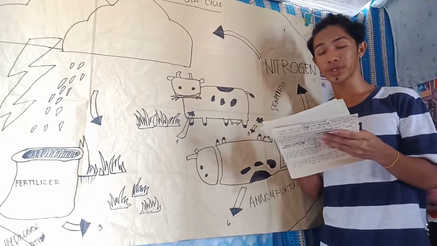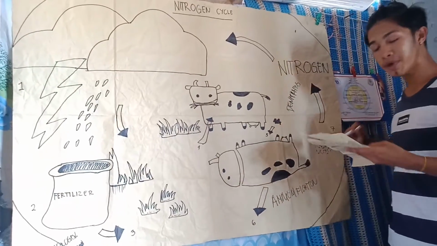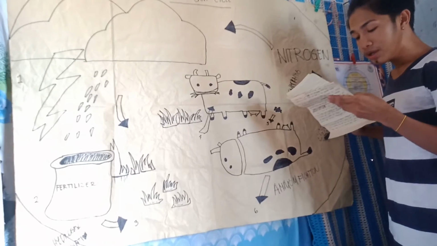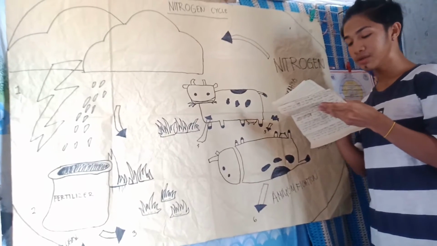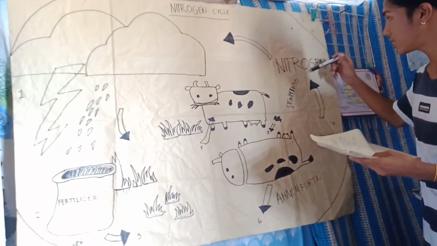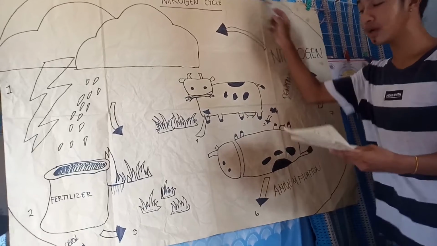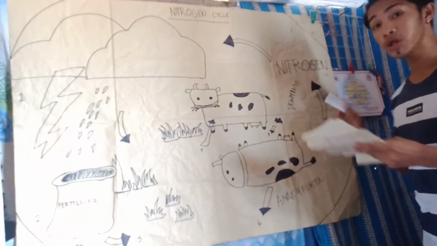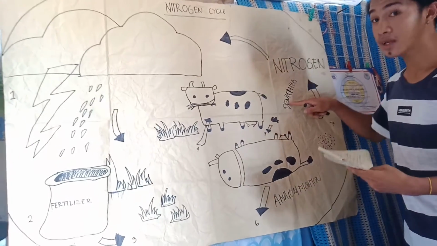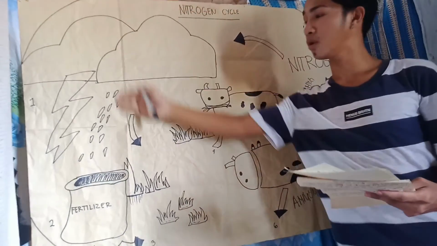Nitrogen compounds in the soil can be broken down by bacteria and sent into the air as nitrogen gas, returning the nitrogen to the atmosphere, in a process called denitrification. And that's how the nitrogen cycle works.